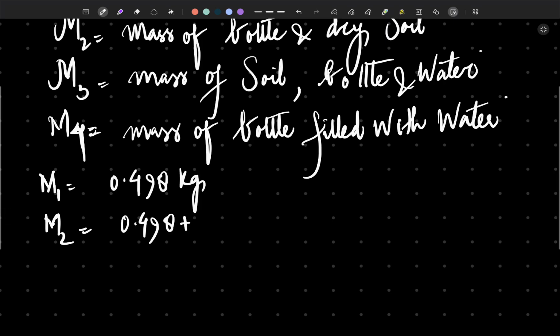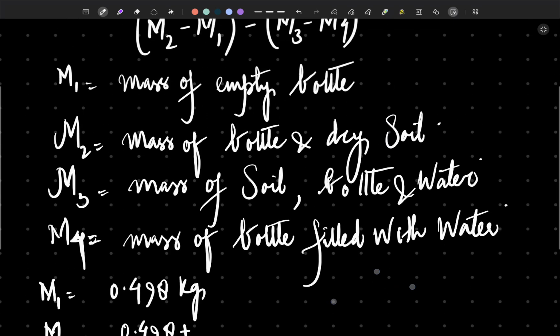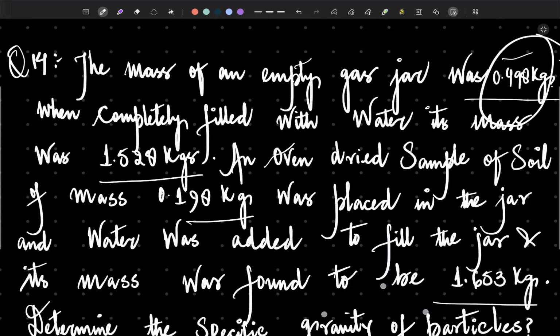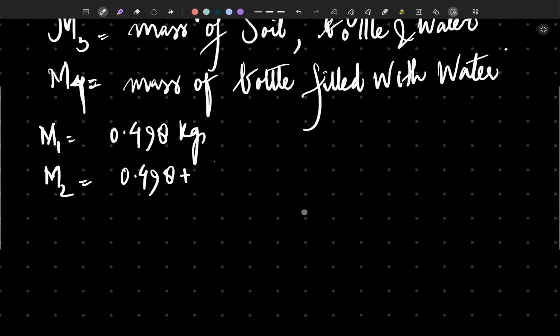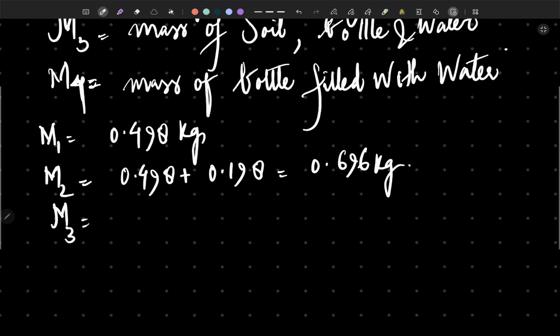The oven dried soil sample was of weight 0.198 kgs, plus 0.198 kgs, so 0.696 kgs is m2. Then m3, the mass of soil, bottle and water.